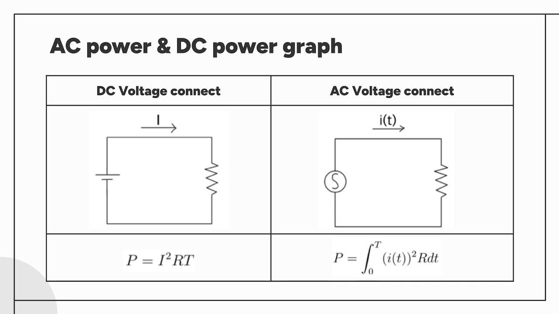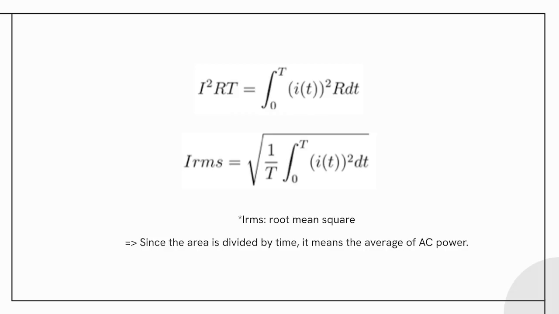Since the alternating current graph is in the form of a sine wave, it should be represented as a function in which the current changes over time. In the above equation, t is the time. So, you can set these equations and derive the IRMS of direct current through it as follows.